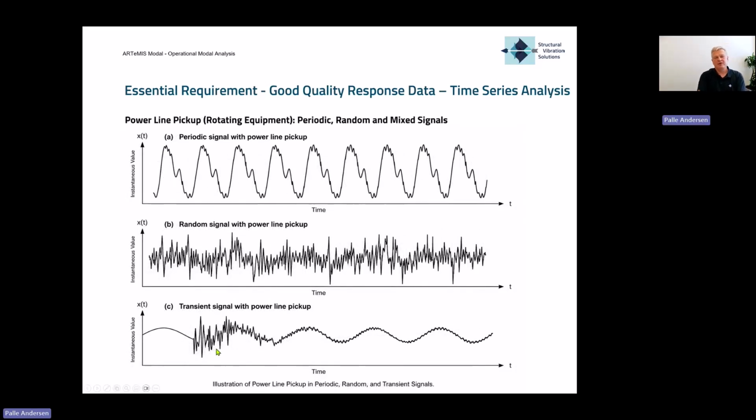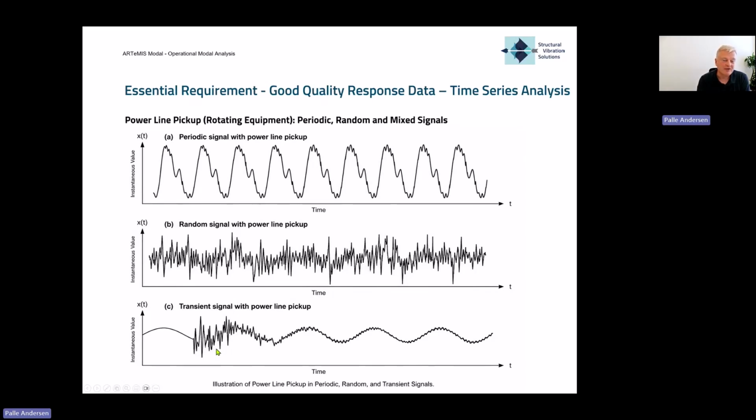Then we have the one I think we talked about at the beginning also, when you have some kind of periodic signal that is mixed with your random input. Here's a power line pickup, as we call it, which is 50 or 60 hertz noise that can be picked up if you have bad shielding of the cables or other things.